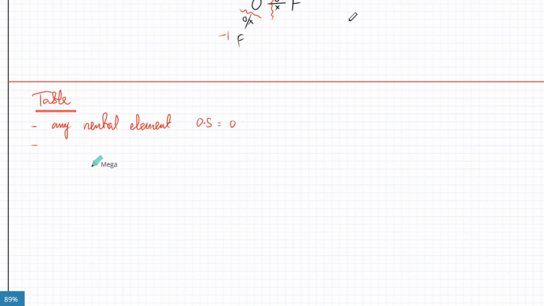So that's the first thing: any neutral element's oxidation state is 0. If it's an ion, then the charge is the oxidation state. So if Na is +1, then its oxidation state is +1.